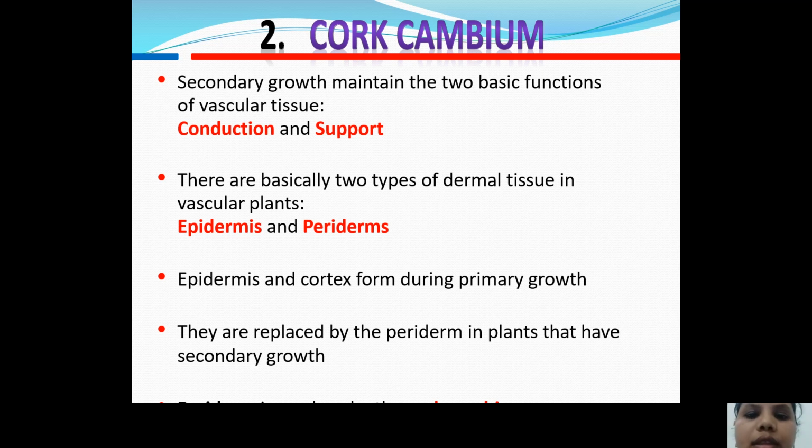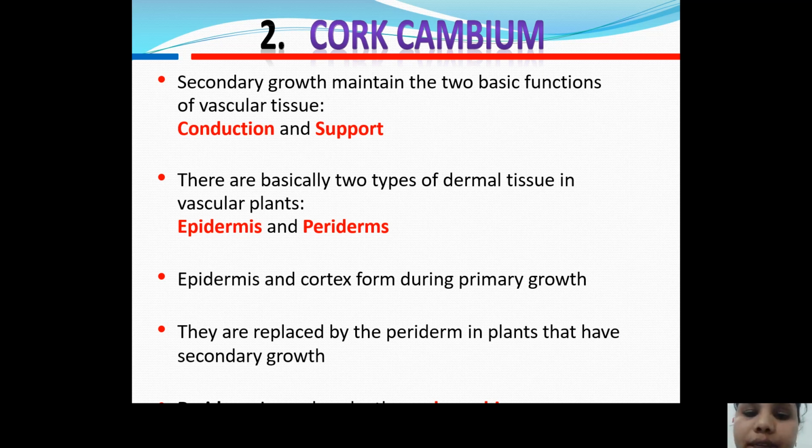Next is the cork cambium, which is another type of secondary meristematic tissue. Now, this is formed with the pressure created by the intrastelar secondary growth.